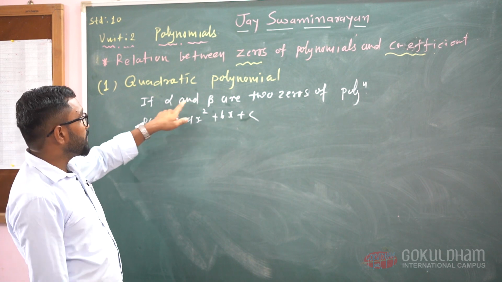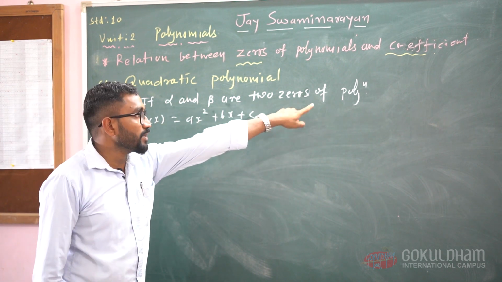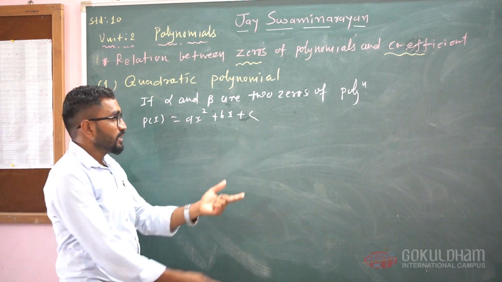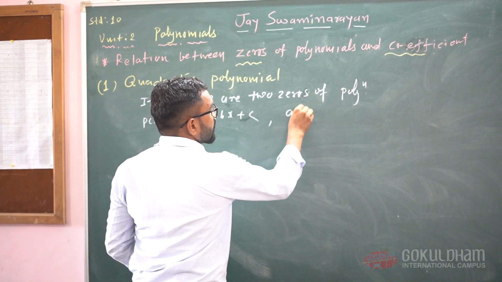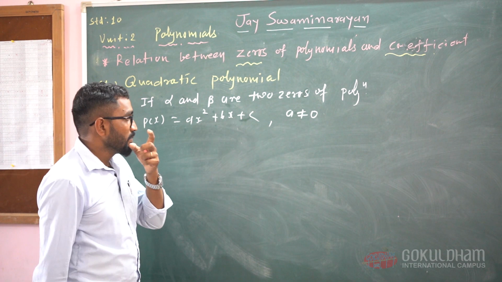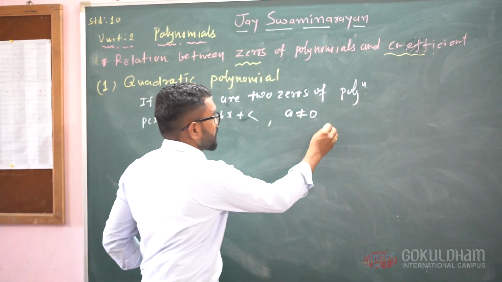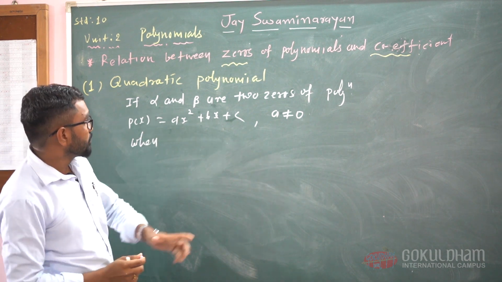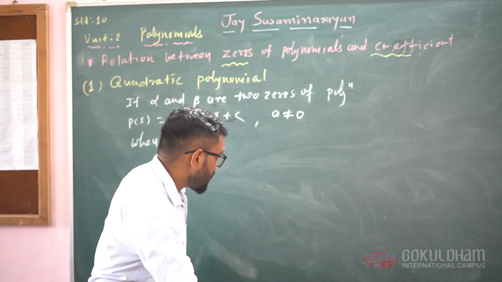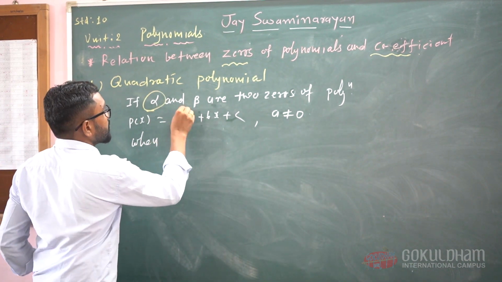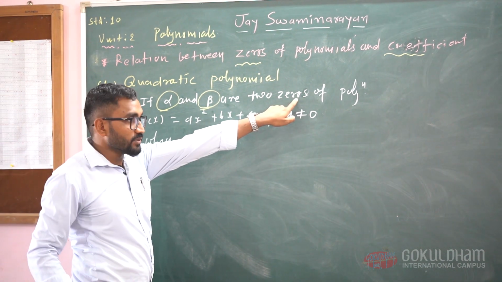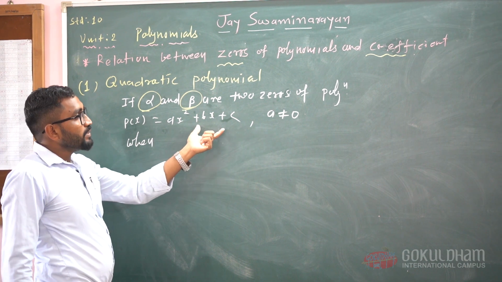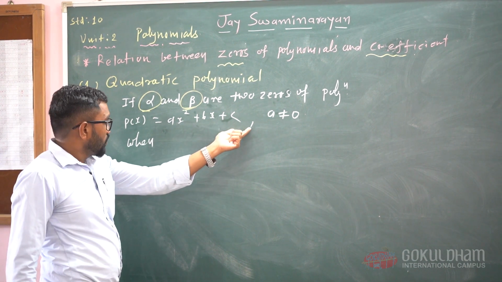Here alpha and beta are two zeros of the polynomial, and the polynomial is ax square plus bx plus c. Here a is not equal to 0. Okay, here alpha and beta are two zeros for which polynomial? ax square plus bx plus c.